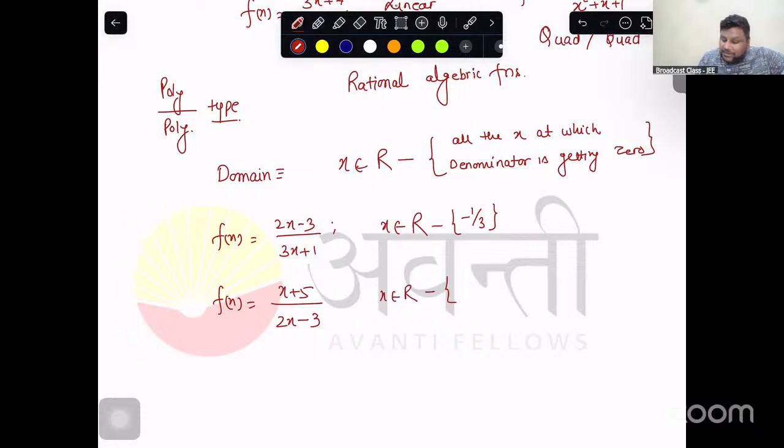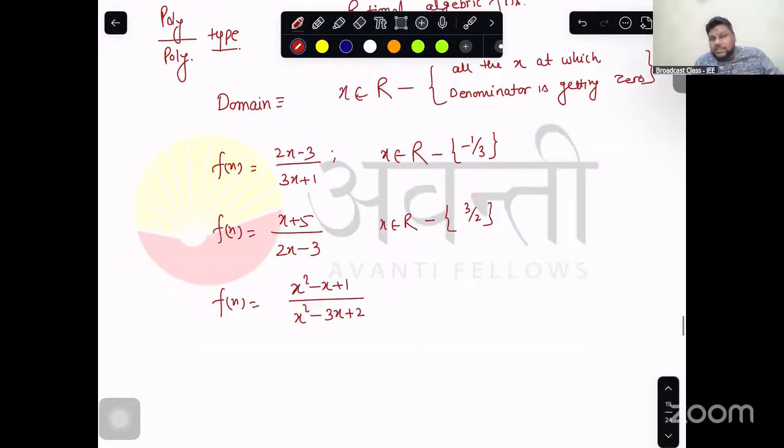Matlab the x at which the denominator is getting 0. If f(x) is (x² - x + 1)/(x² - 3x + 2), now see, if you factorize the denominator, you get the roots as 1 and 2. Means at 1 and 2, this expression will be not defined.